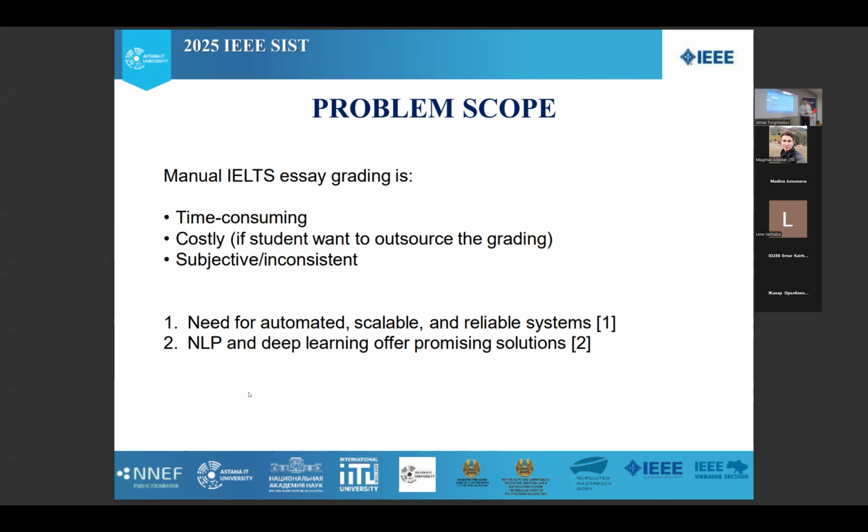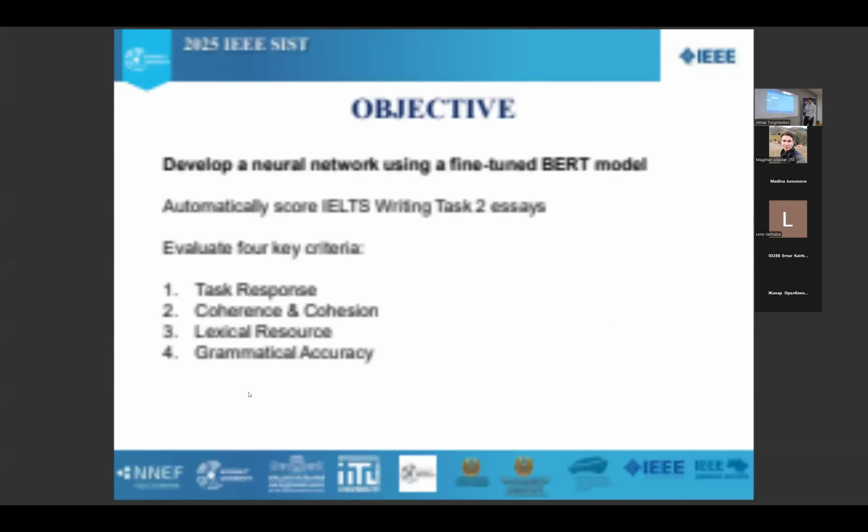So there is a need for an automated, tailored, and reliable system to evaluate IELTS writing essays. In this area, we can rely on NLP and deep learning because they offer promising solutions.